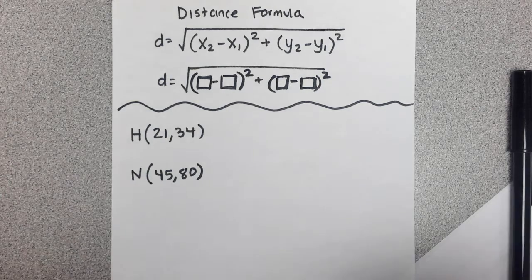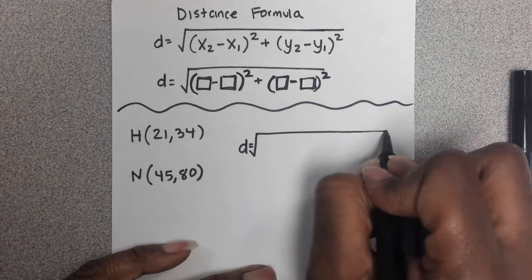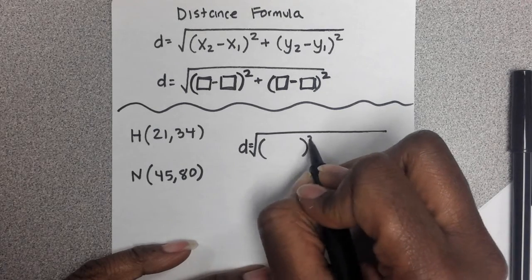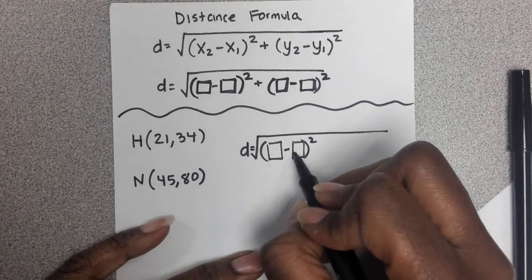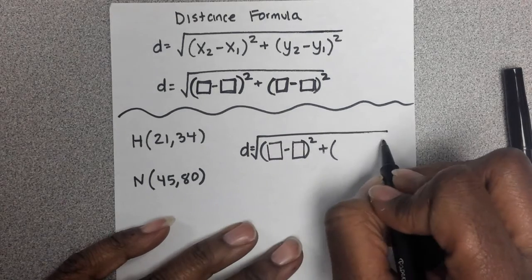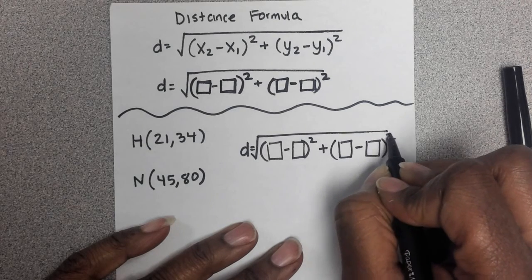Okay, so I'm going to find the distance between H and N. So distance equals, like I said, if you put your square minus square plus, let me make it a little bit bigger, square minus the other square. Make sure you don't forget your power of 2s.